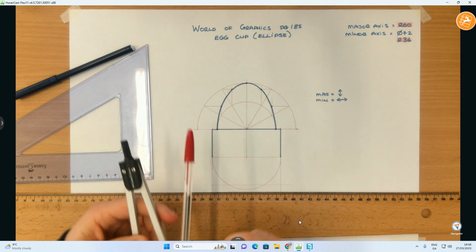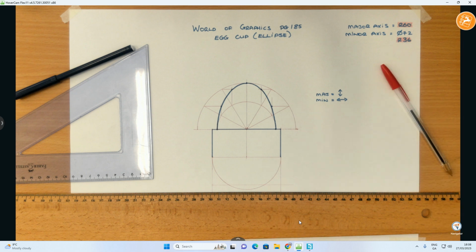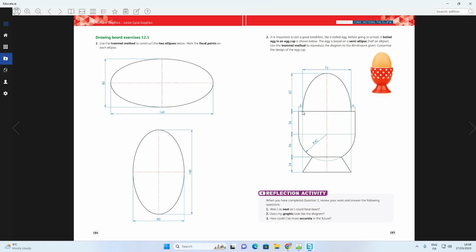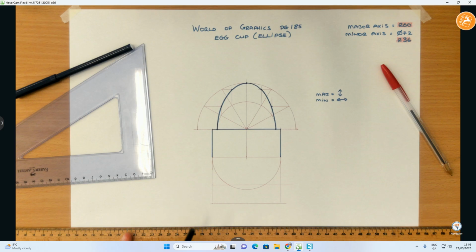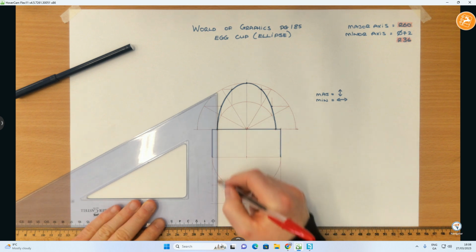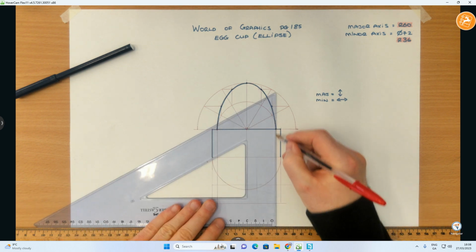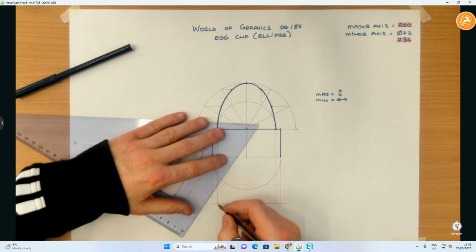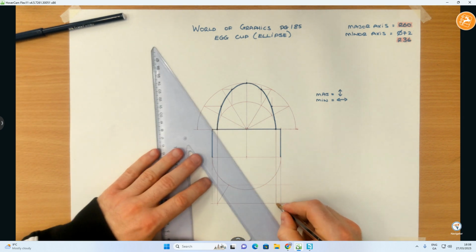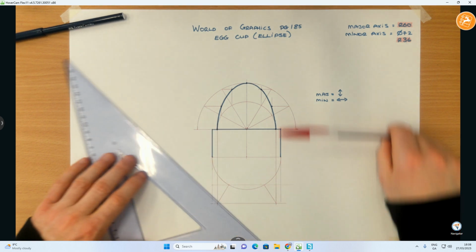Okay, now that I've done that, what's important here is if you follow from the edge of the ellipse, or this point here on the minor axis, if I follow this down all the way to the bottom, it'll connect up to there, across and down, and the same on the opposite side. So to complete this problem, from this point on the minor axis, down and down, and these points here, this one connects up to here, and this one connects up to here.